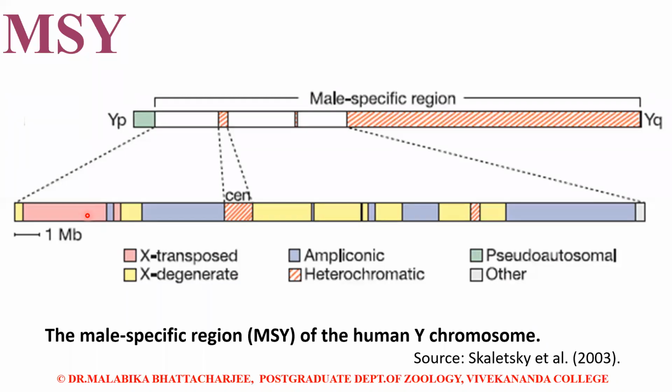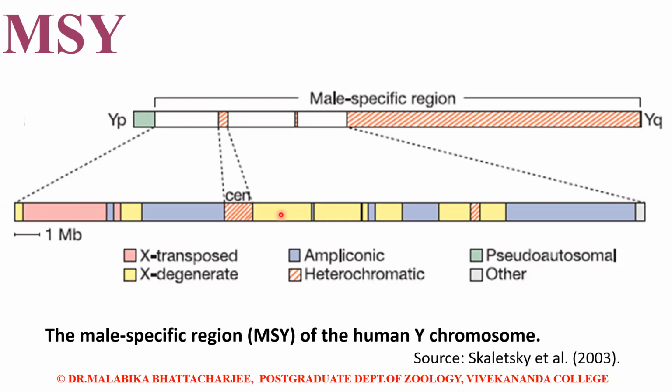Now coming to the yellow colors. The second area of the MSY is the X degenerate region. It comprises about 20% of the MSY. This region contains DNA sequences that are even more distantly related to those present on the X chromosome, the yellow ones.